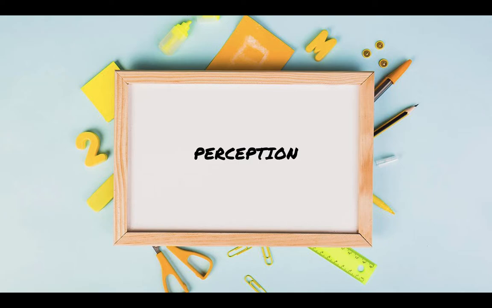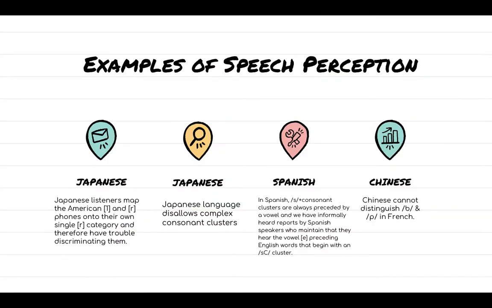In SLA, perception can also mean the ability to find the differences between your mother language and the language you're learning as your second language. So, to talk about this perception, we have to look at some examples of speech perception to know more about it. The first example I would like to show is the Japanese problem.